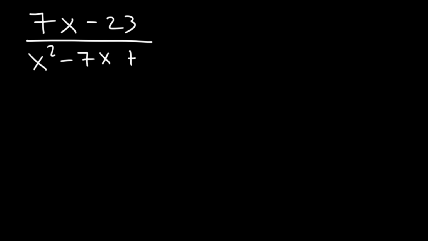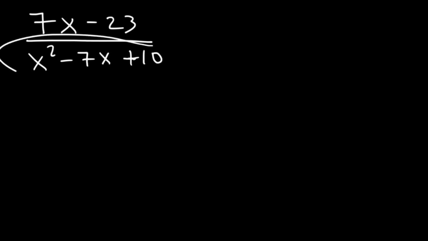Let's say we have a rational function, 7x minus 23, divided by x squared minus 7x plus 10. So how can we take this fraction and break it down into smaller fractions? The first thing we need to do is factor this fraction completely. We can't factor the numerator.